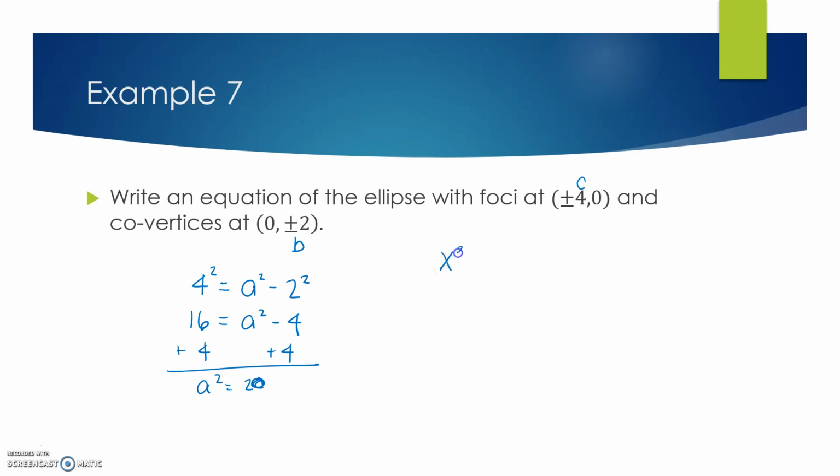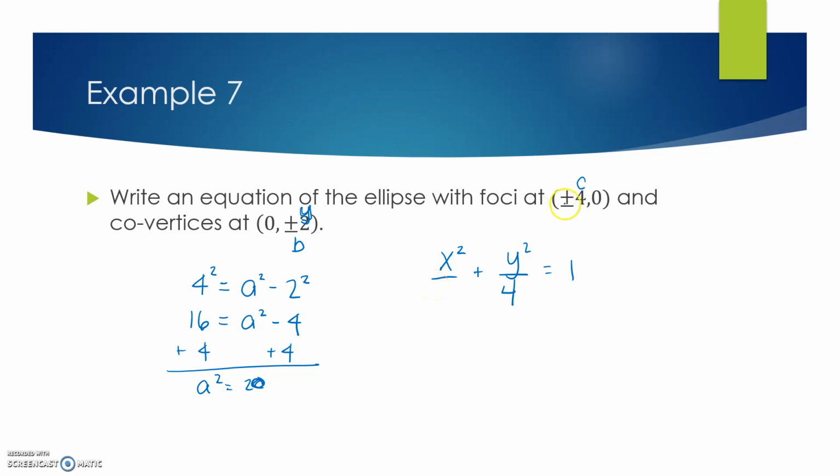So I'm going to have x squared plus y squared and then equals 1. And my co-vertex, this time it's in the y coordinate. So my 2 squared is going to go under the y, and I'm going to get a 4 there. And then my a squared value is going to go under the x.